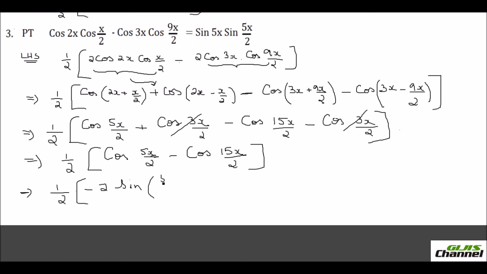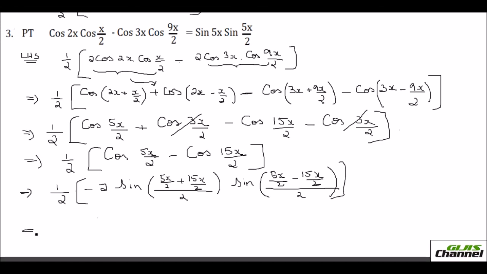That is 5x over 2 plus 15x over 2 whole divided by 2 times sine x, sine, again it is minus, right? 5x over 2 minus 15x over 2 whole divided by 2. Don't forget to put that. Close the bracket.